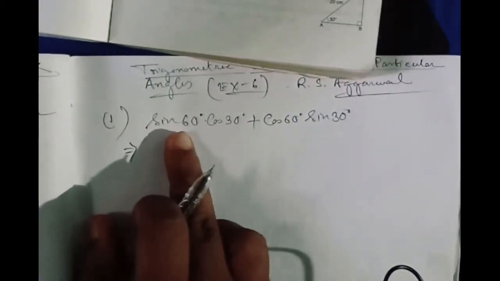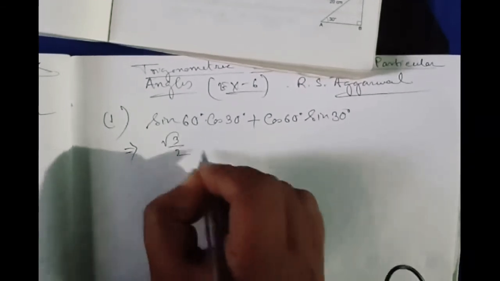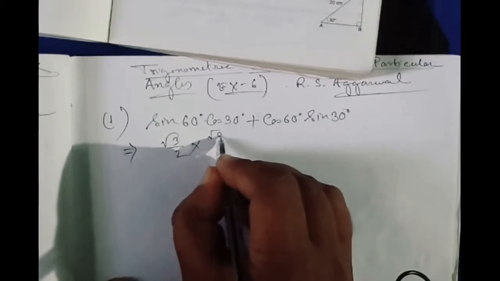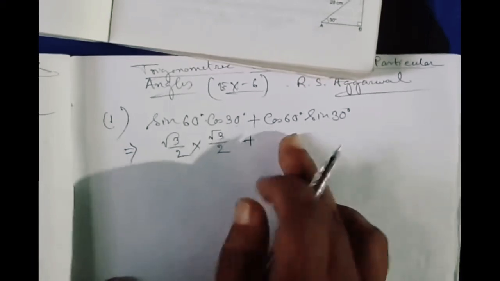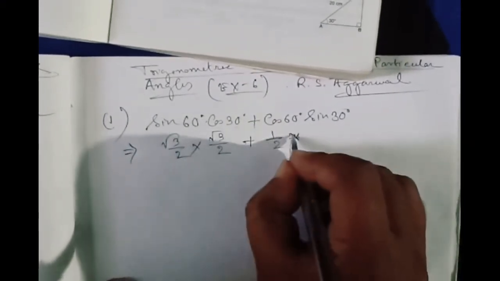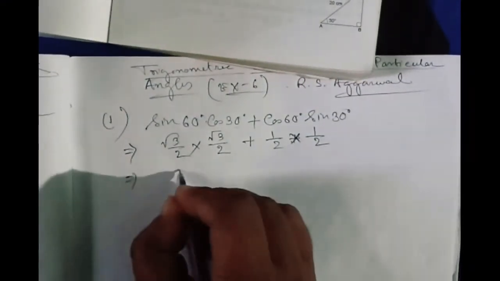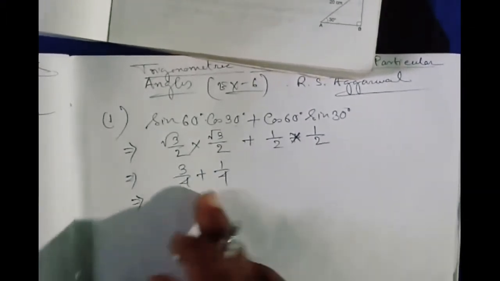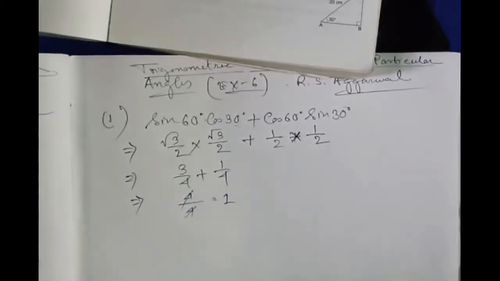We have to remember sin 60 degree means root 3 by 2, into cos 30 degree, which is also root 3 by 2. Sin 30 degree and cos 30 degree values are opposite. Next, cos 60 is equal to 1 by 2, into sin 30 is equal to 1 by 2. Okay. So this is equal to 3 by 4 plus 1 by 4. If we add, this is 4 by 4, so the value should be 1. Understood?